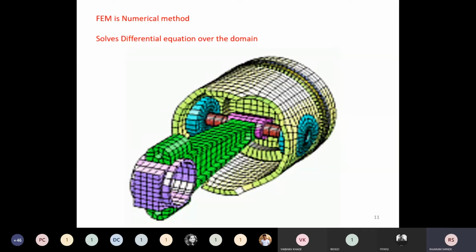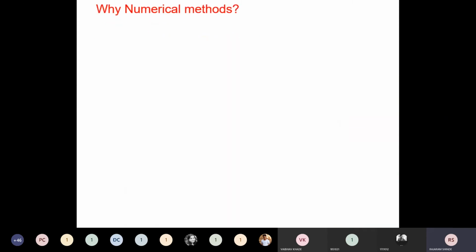What are the different methods for simulation or analysis of problems? Can anyone tell? Numerical method, graphical method, yes, analytical. Yes. We have the numerical method, analytical method, and experimental method. These are the three methods for analysis of the behavior of any component or system.